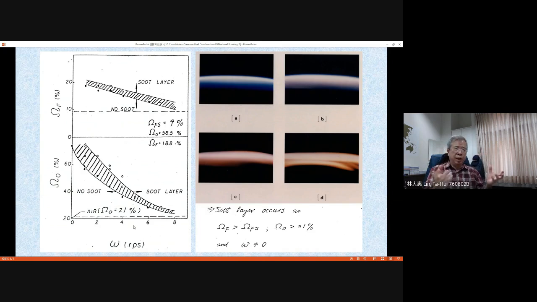When you increase omega, you reduce the radial velocity on the stagnation plane, right? Since the diffusion plane exists just at the stagnation plane, the radial velocity is reduced by increasing omega.